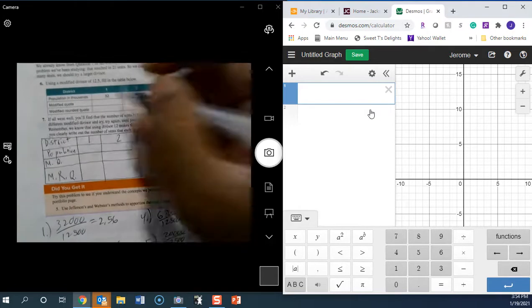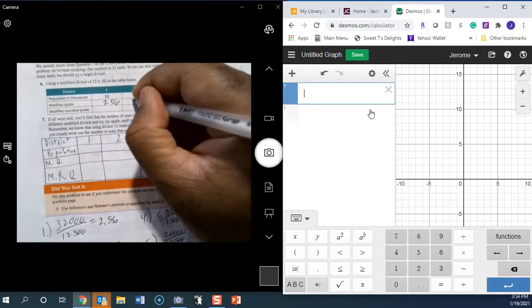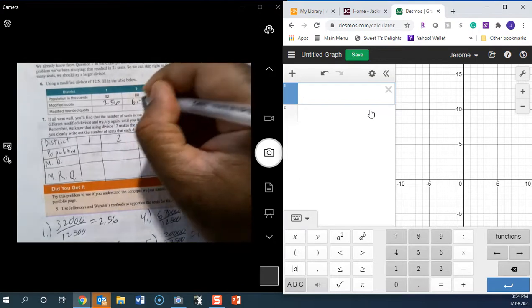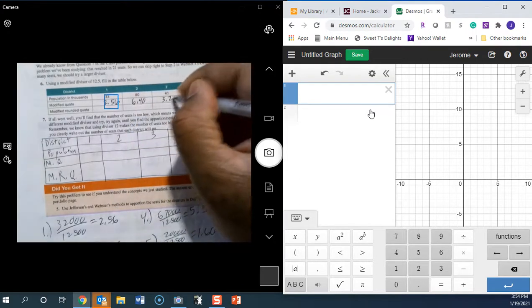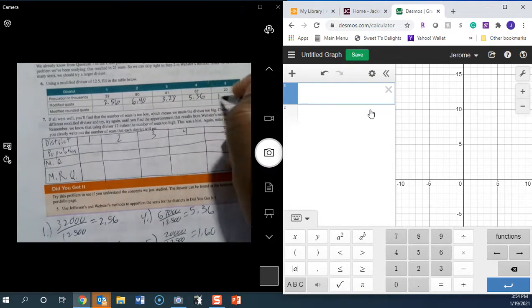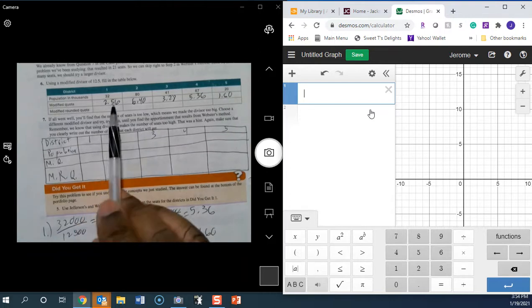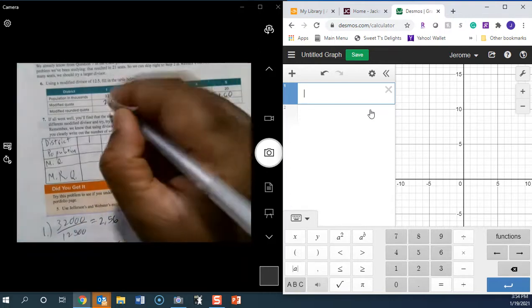So we're going to put these in for the modified quotas: 2.56, 6.40, 3.28, 5.36, and 1.60. Now, for the modified rounded quota, we'll just use regular rounding rules.